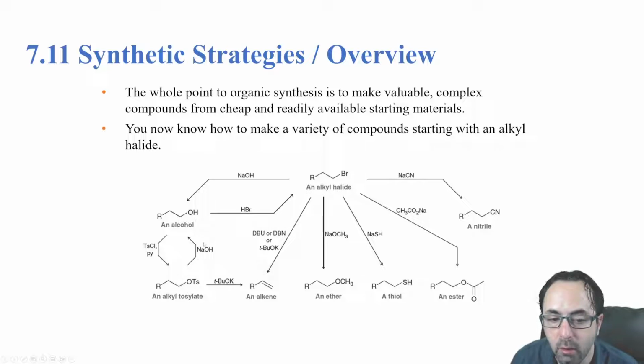Here, the tosylate's a great leaving group, so you can go back and replace it with the alcohol by substituting with the OH. If you want to replace the alcohol back with the alkyl halide, this would be via a substitution reaction. We need to protonate the alcohol to make it into a good leaving group, and then the bromide ion can do an SN2 reaction and produce the alkyl halide back.